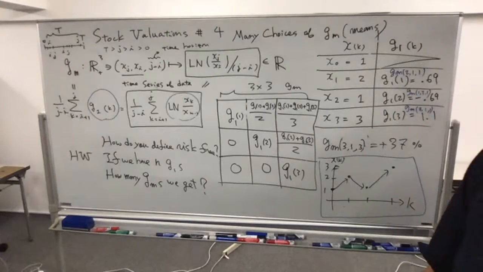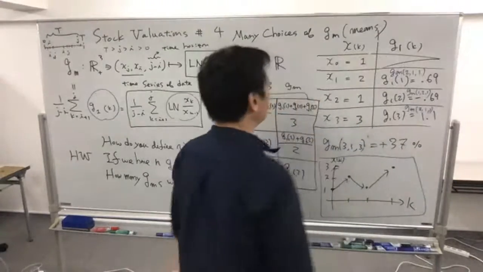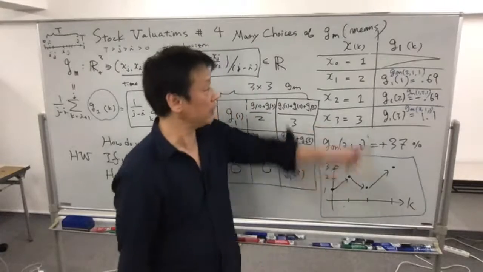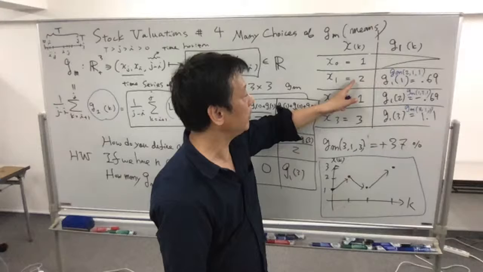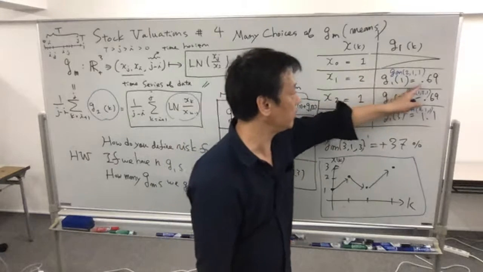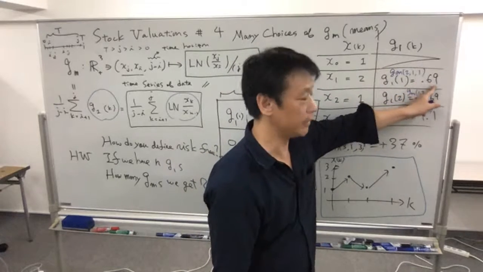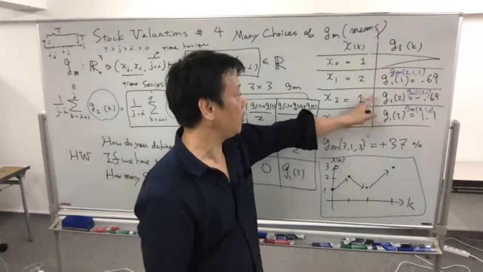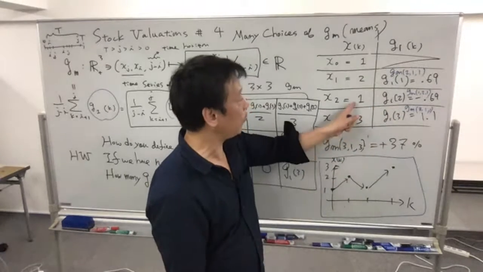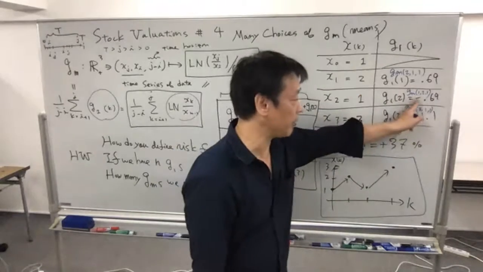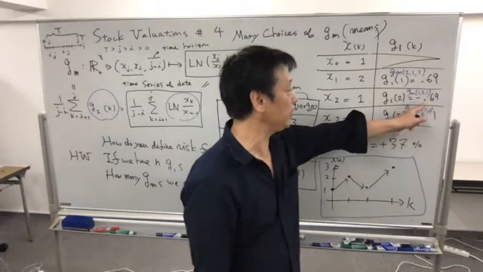Then what are the continuous G1 values? G1 1 is ln 2 over 1, which is 0.69. What's G1 2? It's ln 1 over 2, a negative number, negative 0.69.